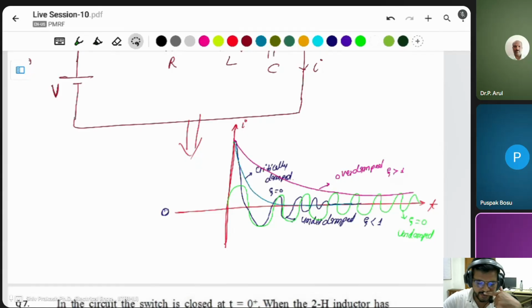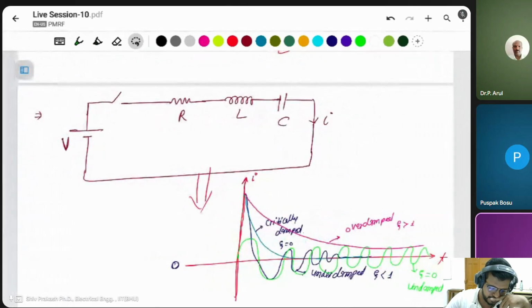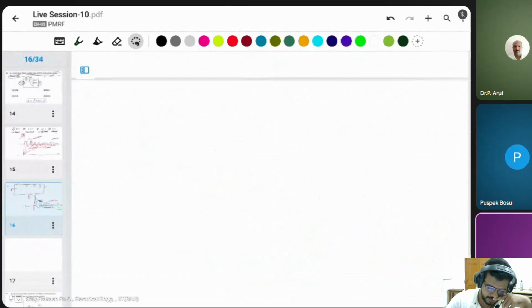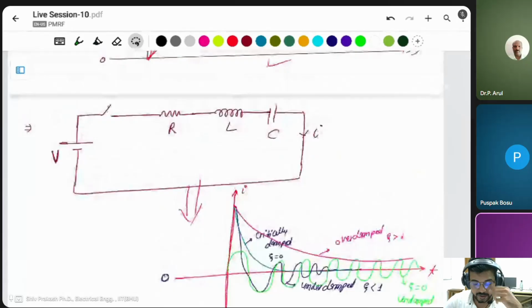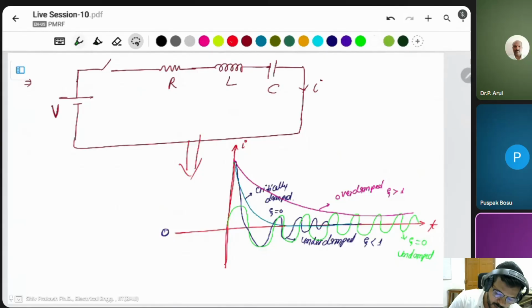It means the current behavior is like this. In this case, a series RLC circuit. Suppose at t equal to 0, the switch is closed. Then what is the current I in this loop? We can apply KVL in this loop.